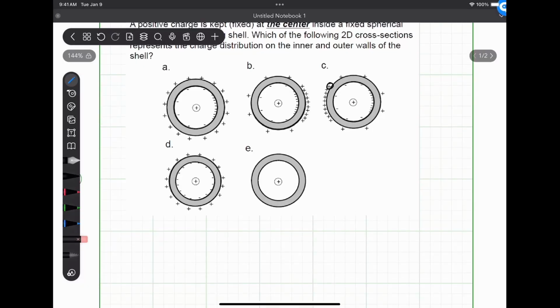So there's two ways you can think about it. You can think about the individual interaction on the electron and the overall concept of like charges repel and opposite charges attract.